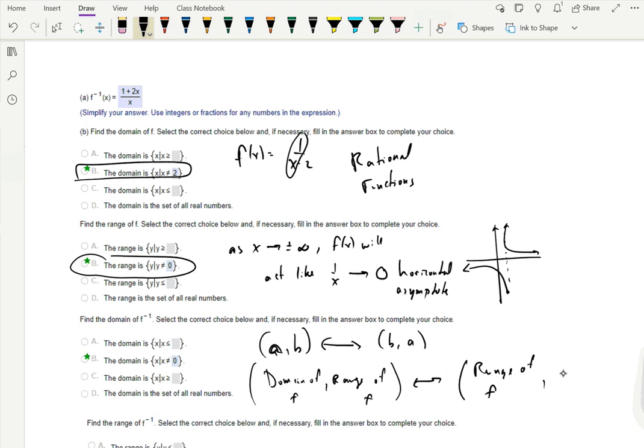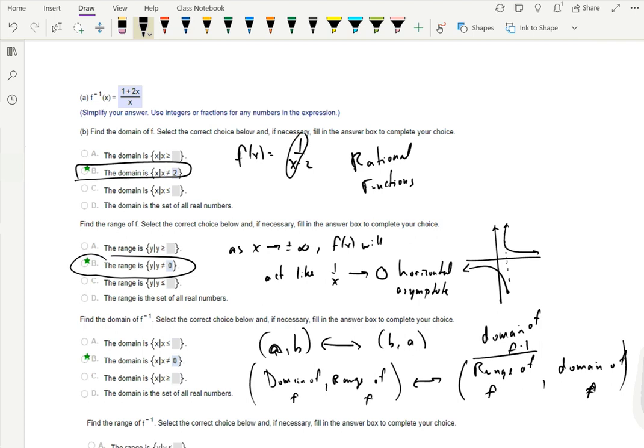And the domain of f is in the range position of f inverse. Okay, so this was the f function, this is the inverse function, so the domain and range flip-flop each other. If I'm trying to find the domain of f inverse, the domain of f inverse is really the range of f.